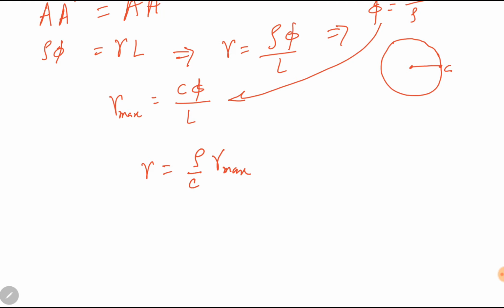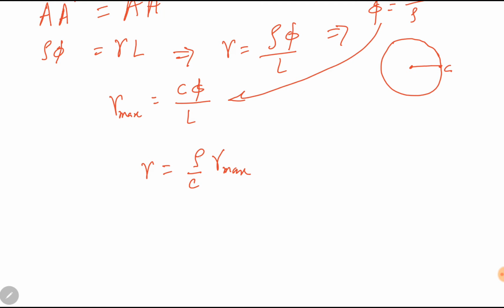It means shear strain is a function of radius rho. Here C is the maximum radius, which is a constant value, and gamma maximum is the maximum value of strain, also a single value. So gamma maximum is constant, C is constant, so gamma depends upon radius rho.